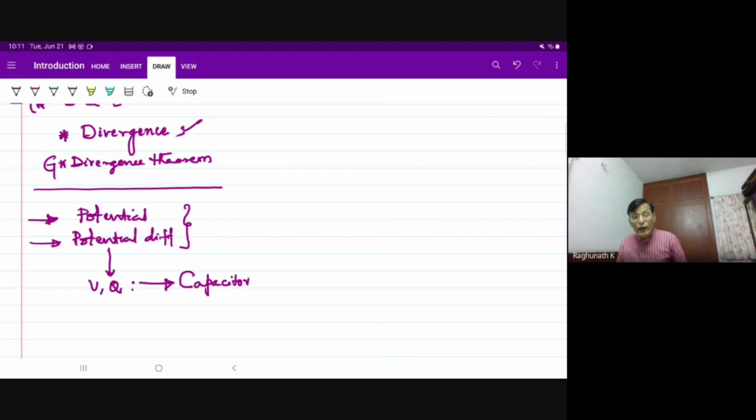And I will see what formula I have to use if it is a parallel plate capacitor, normally the capacitor that we use in the lab, or the cylindrical capacitor, which is the electrolytic capacitor that we use, as well as any coaxial cable is a cylindrical capacitor. For the sake of talking about the capacitance of a coaxial cable, I should know the way in which capacitance is defined and the capacitance of a given capacitor is calculated. I should derive the formula for that.